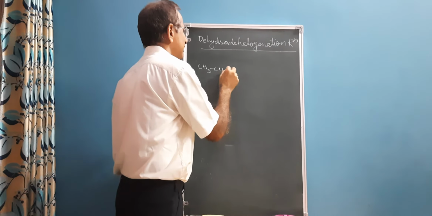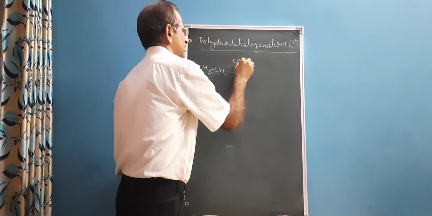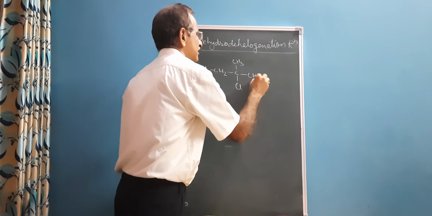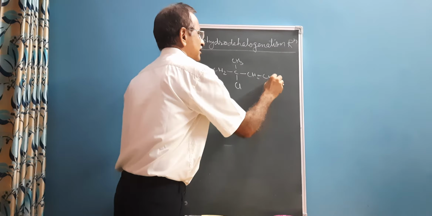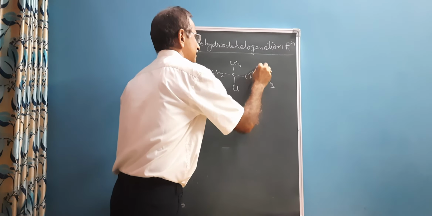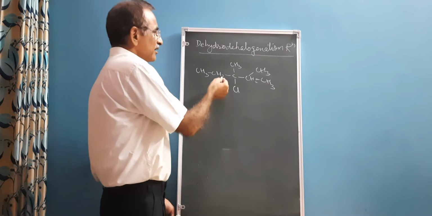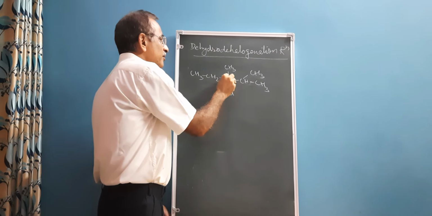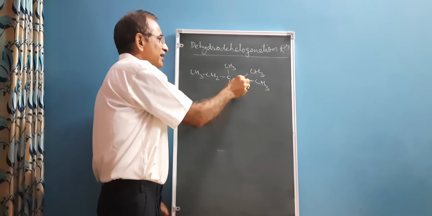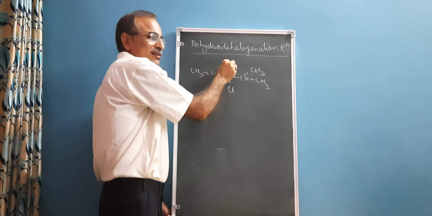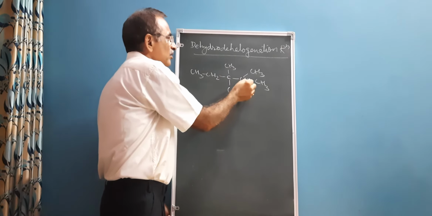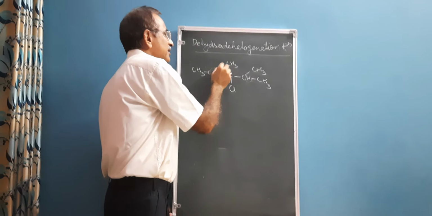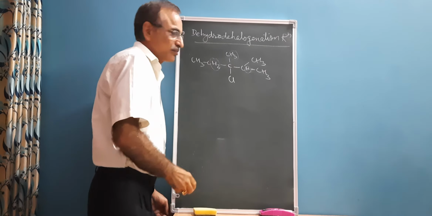Let's consider again this, chlorine is there, then here CH, then CH3. Here again we can observe that adjacent to the carbon containing halogen, we are having 3 carbons, 1, 2, and 3. At this carbon, only 1 hydrogen is there. Here, 2 hydrogens are there. Here, 3 hydrogens are there.